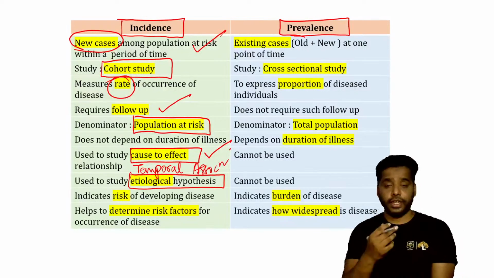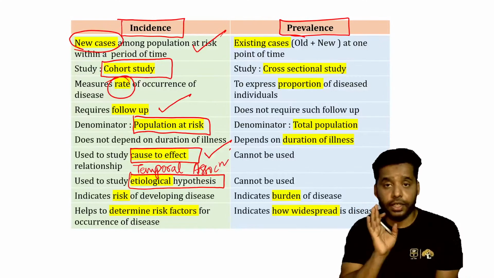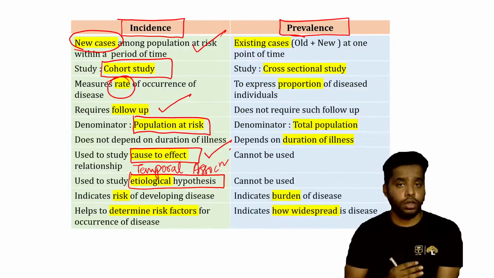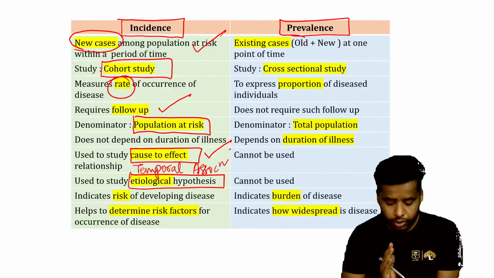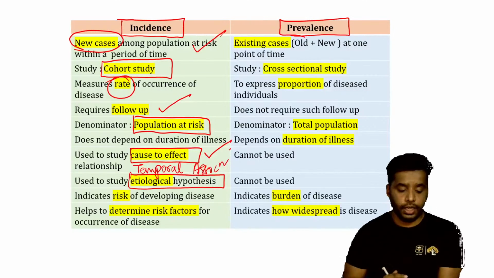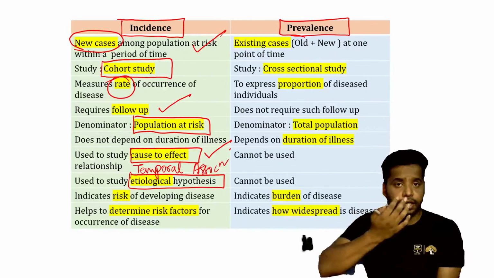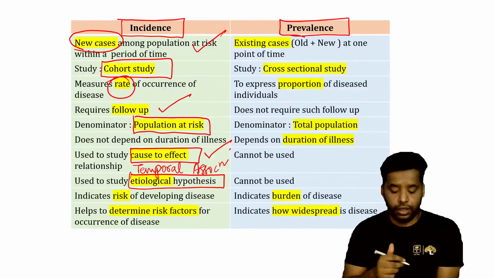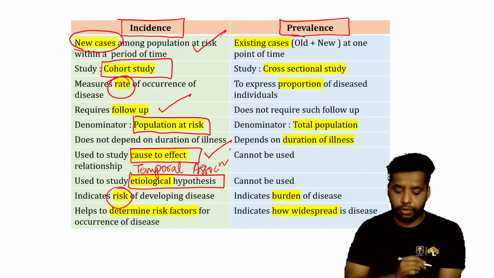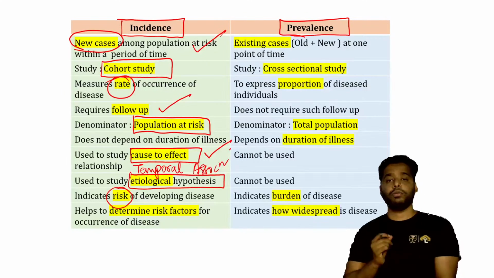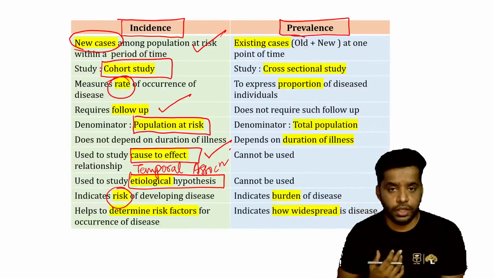If they ask what is the reason, temporal association is present. Proved in what study? Cohort study. In a cohort study where you're doing follow-up, it is the amount of risk that you are checking, the risk of developing disease, because you are starting from risk factor going towards the outcome.